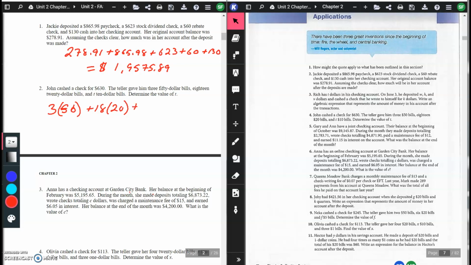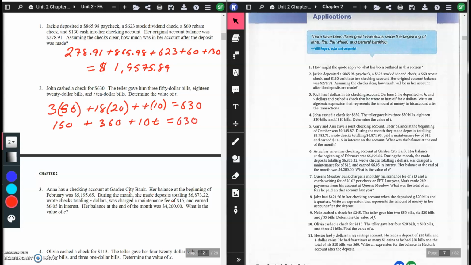So plus T $10 bills equals 630. So 3 times 50 is 150, 18 times 20 is 360, plus 10T equals 630.